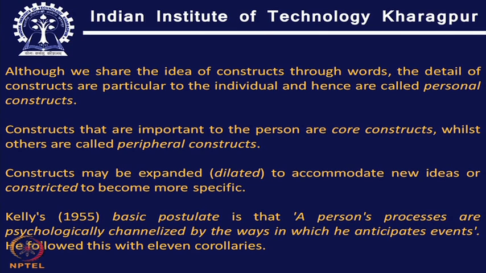Now we will discuss the details of the construct. Although we share the idea of constructs through words, the details of the constructs, exactly how a construct has been formed and what its elements are, are particular to the individual and are called personal constructs.